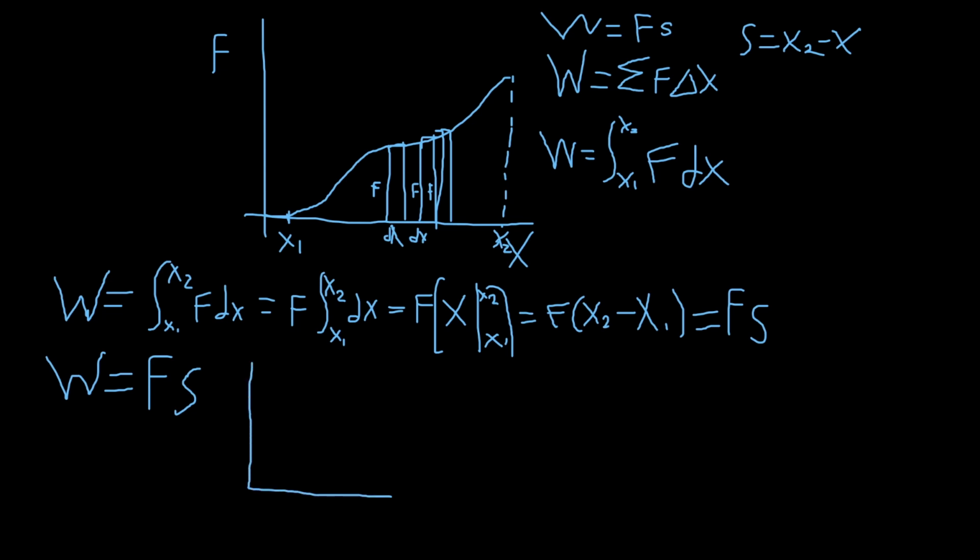So you'd have, for example, x1, x2, and then a constant force, for example, at this point. As you can see, to find the area, it's just base times height: the change in x, and then your force. All right, and we'll go to our next page.